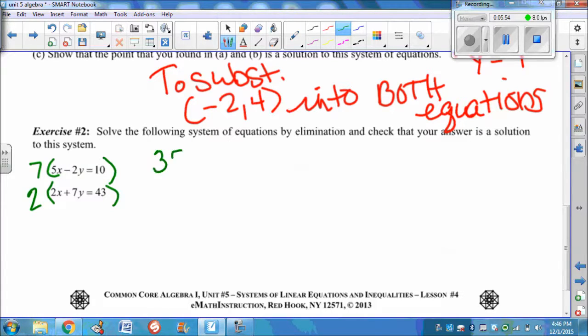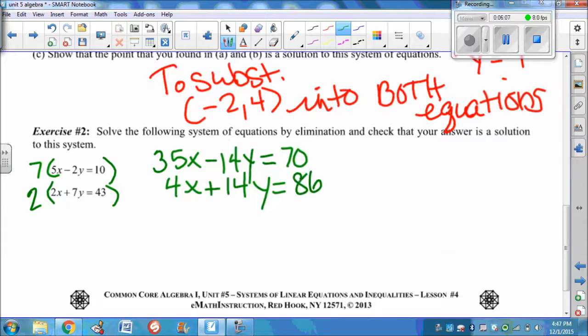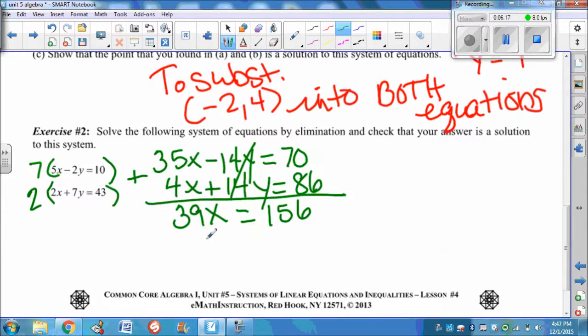So 35x minus 14y equals 70, and 4x plus 14y equals 86. So now when you add those, I get 39x, the y's eliminate, and I'm left with 156.